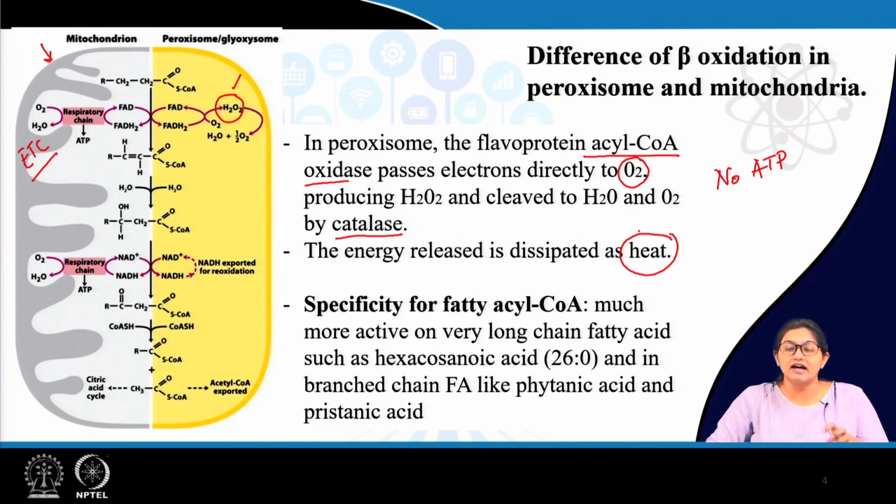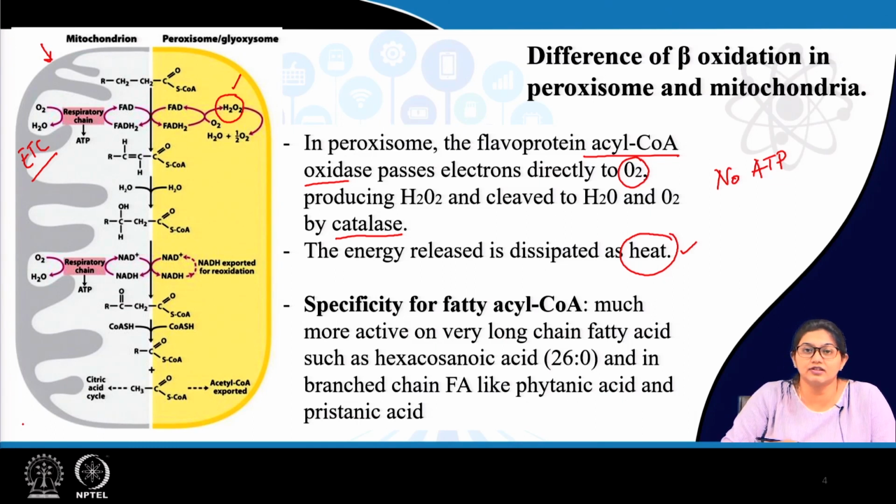So, in the first step, even if there is electron transfer through flavoprotein, those electrons do not enter the ETC, rather they form H2O2, which is degraded with the help of the enzyme catalase, and the energy is released as heat. Next, the specificity of this acyl coenzyme A oxidase also differs.